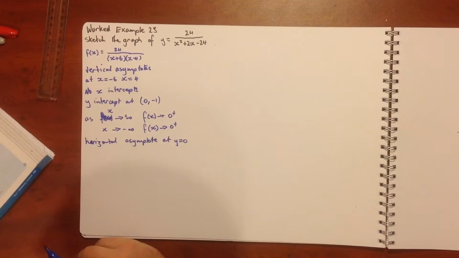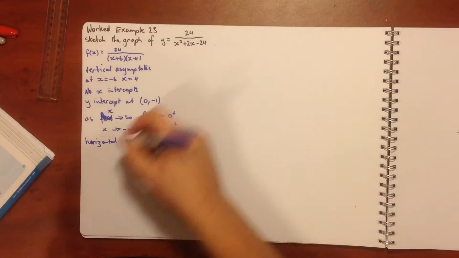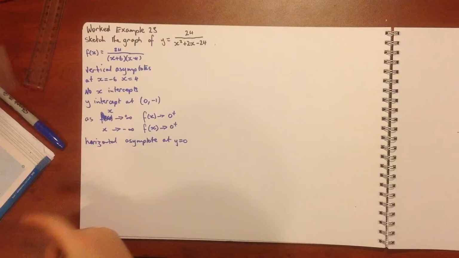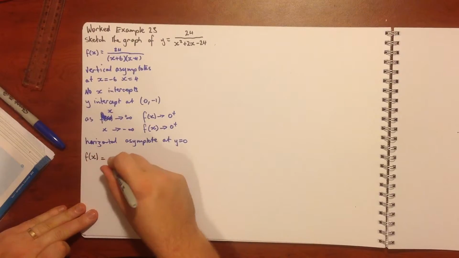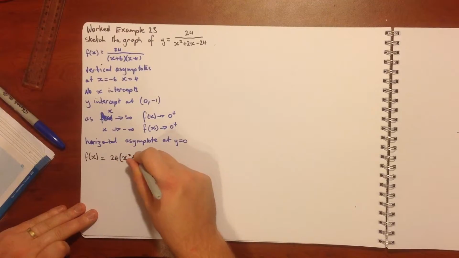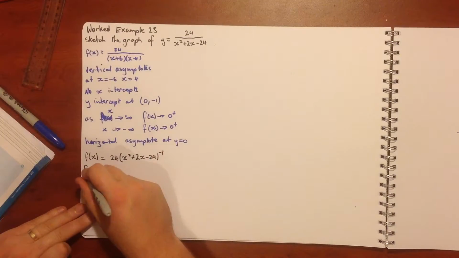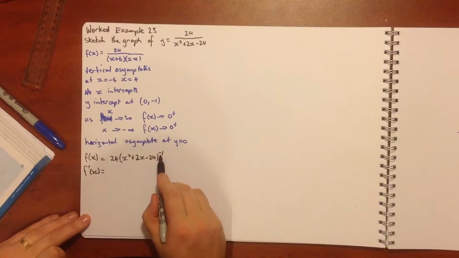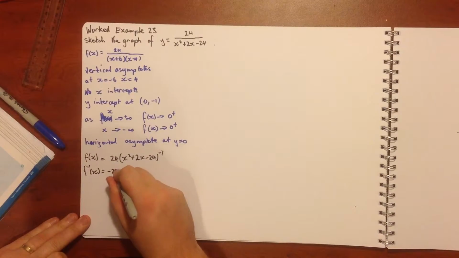Okay, so we need to differentiate the function now. I might actually change colours for this next bit. We can say f of x is equal to 24 outside of x squared plus 2x take 24, to the power of negative 1. So for f dash of x, we've got to use the chain rule, but we do our quick way. Our negative 1 times our 24 gives us negative 24.